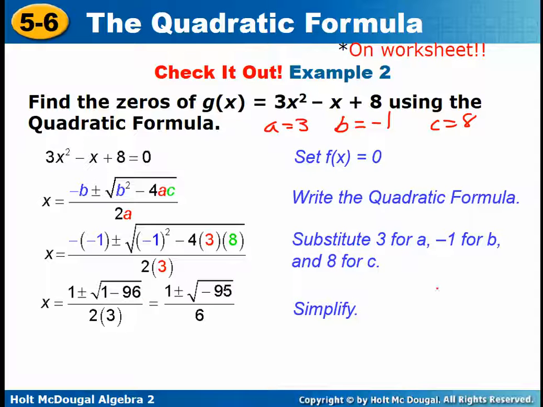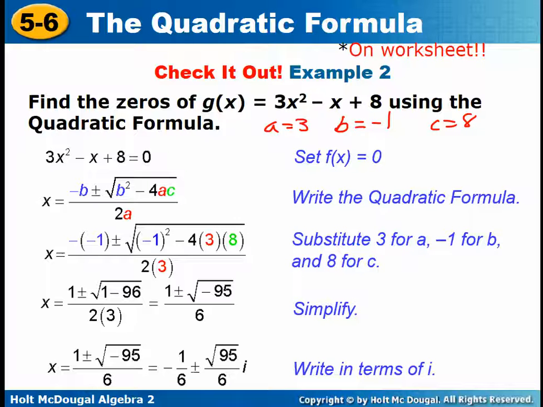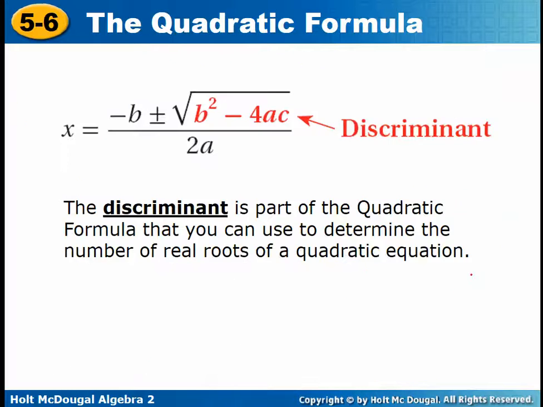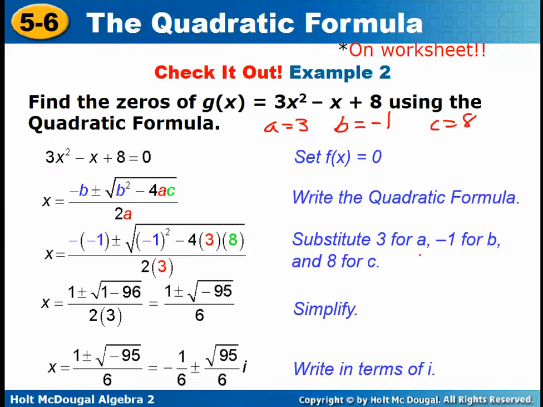And for -95, I don't think you can simplify the square root of 95, except for the negative part. So you can write the square root of -95 as the square root of -1 times the square root of 95, which is i times the square root of 95, but we put the i at the back.